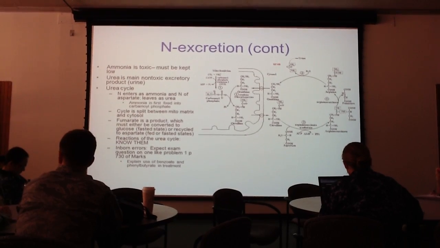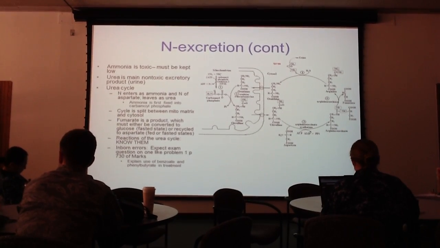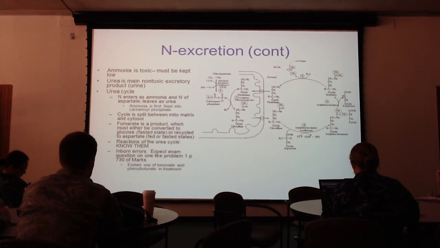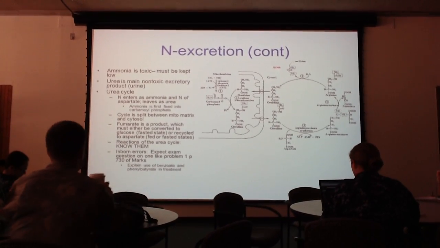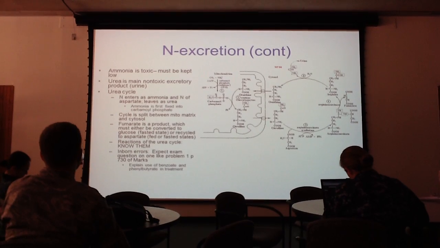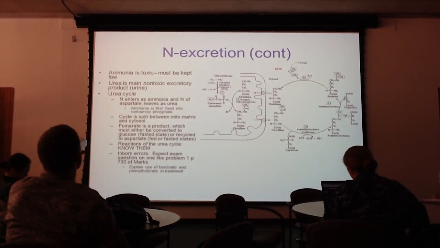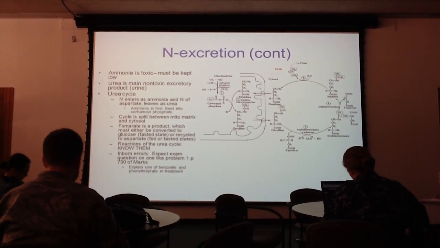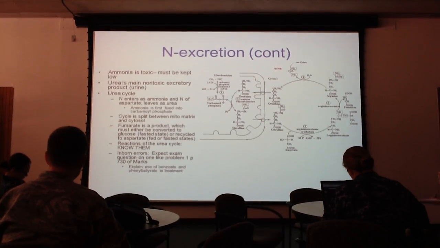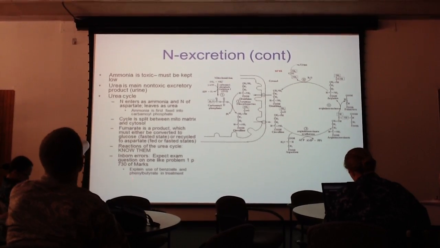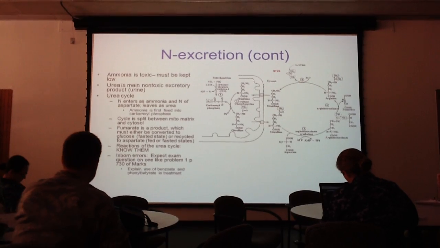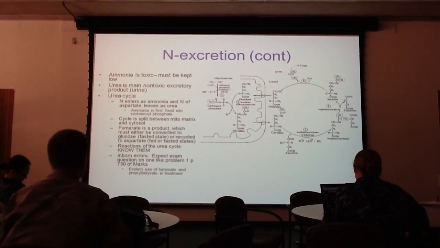Benzoate and phenylbutyrate are excreted as other amino acid derivatives. I can't remember which ones they are, to tell you the truth. But the basic idea is that you're losing nitrogen through the urine when you do this. So these derivatives of benzoate and phenylbutyrate serve the role of urea, eliminating waste nitrogen.